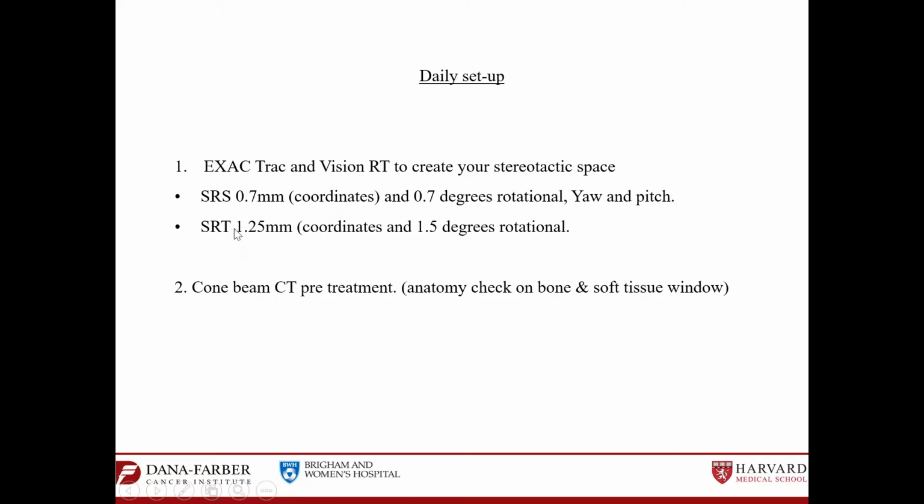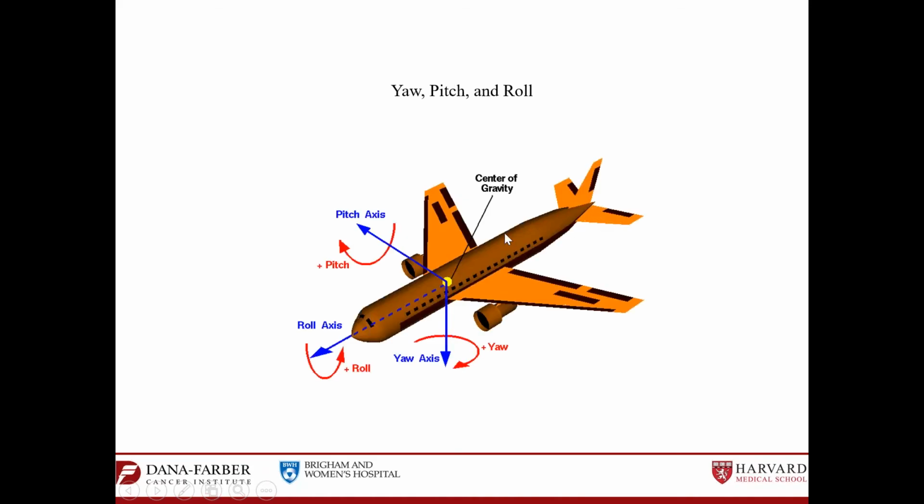But for SRT, we accept up to 1.25 millimeter because the cavity is really irregular and it shrinks with time. It has many anatomical variations, so you accept up to 1.25 millimeter in coordinates and 1.5 degrees in rotational.